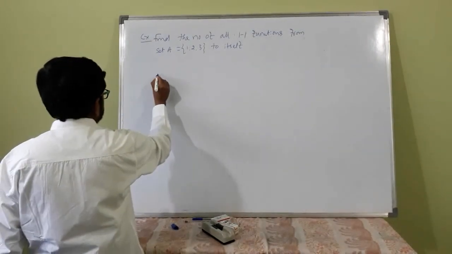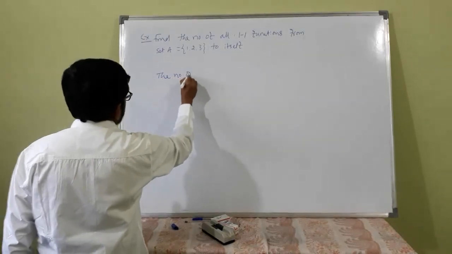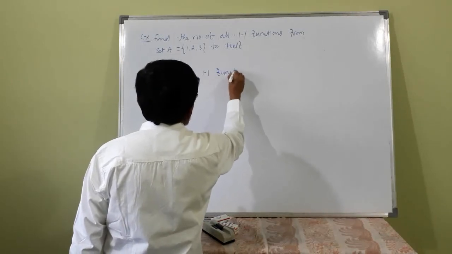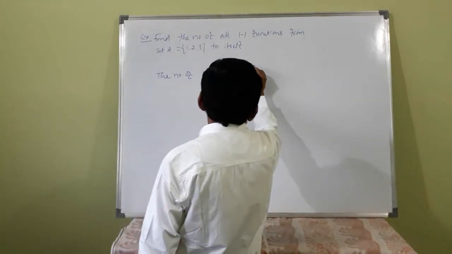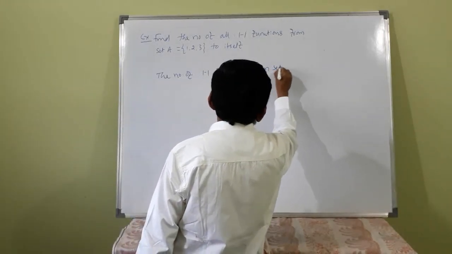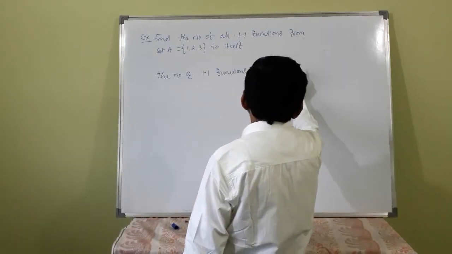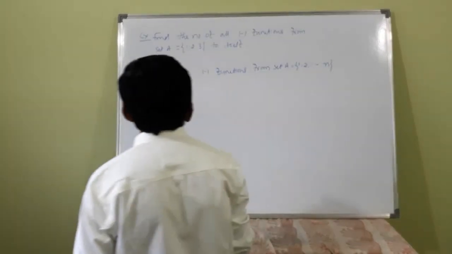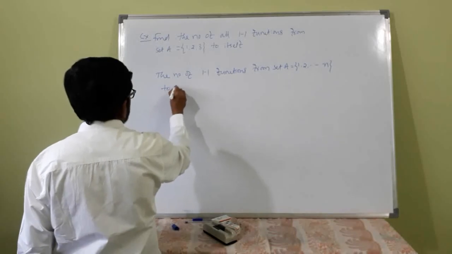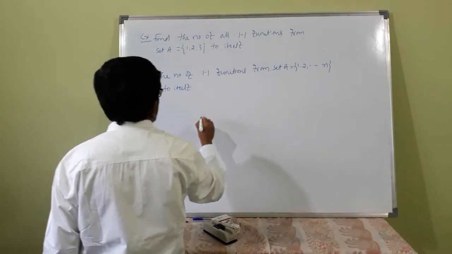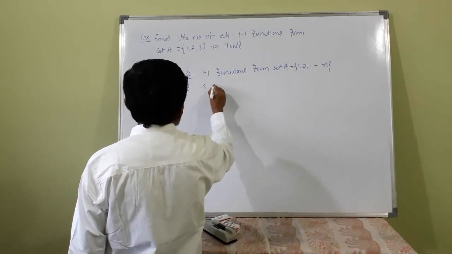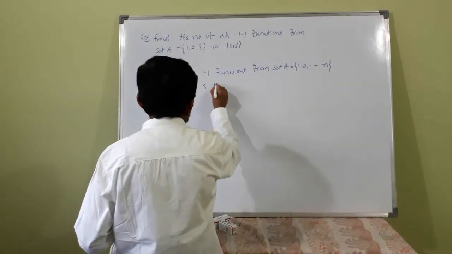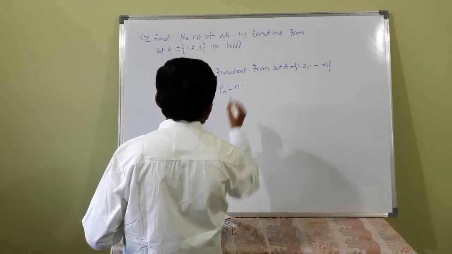See here, the number of one-to-one functions from the set A equal to {1, 2, and so on up to n} to itself is the number of permutations, nPn, or n factorial.